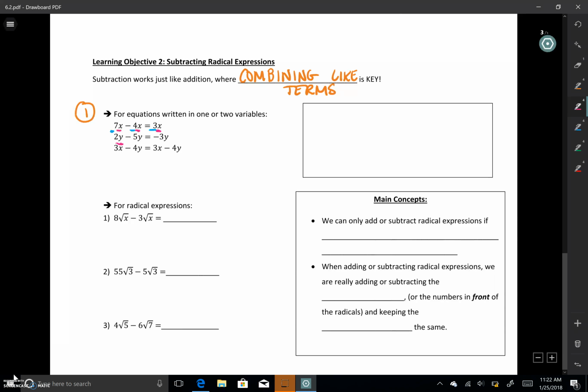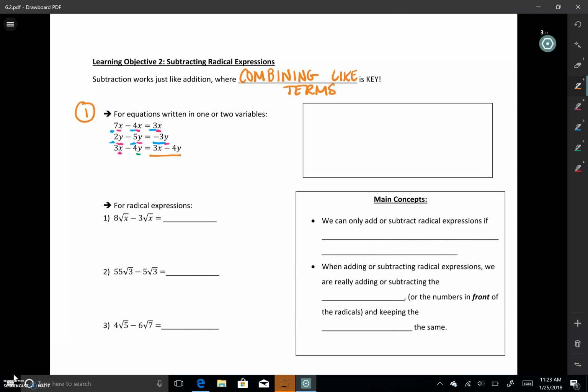I do. They're both y's, so I subtract the coefficients. 2 minus 5 is negative 3, and then I keep that variable y. Down here for the third one, my variable in the first term is x, but my variable in the second term is y. So since they are not like terms, 3x minus 4y stays 3x minus 4y.